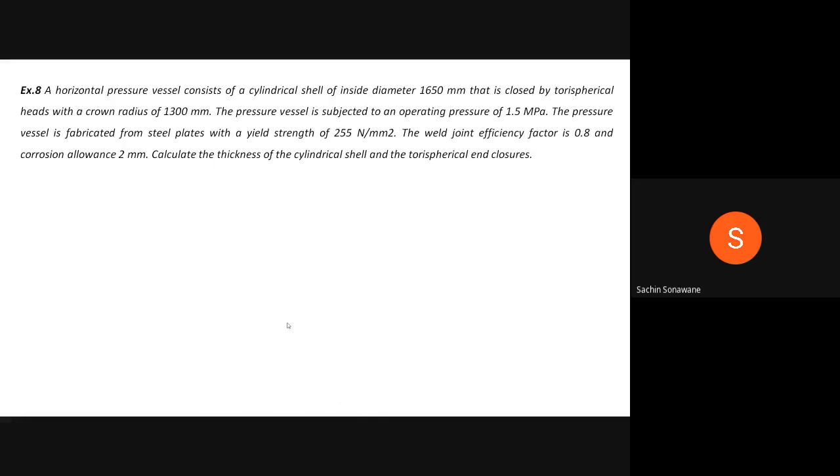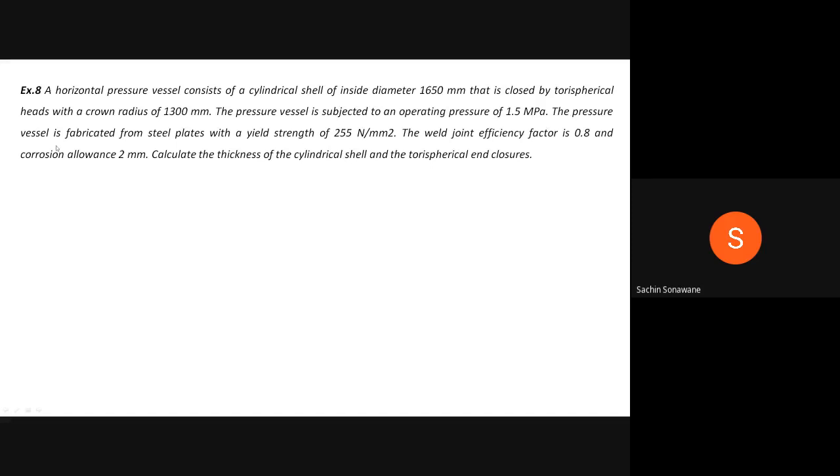Now we'll solve this problem. Example 8. A horizontal pressure vessel consists of a cylindrical shell of inside diameter 1650 mm that is closed by torus spherical heads with a crown radius of 1300 mm. The pressure vessel is subjected to an operating pressure of 1.5 megapascal.